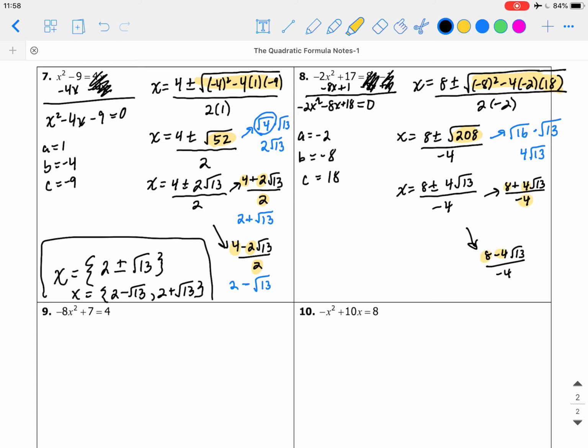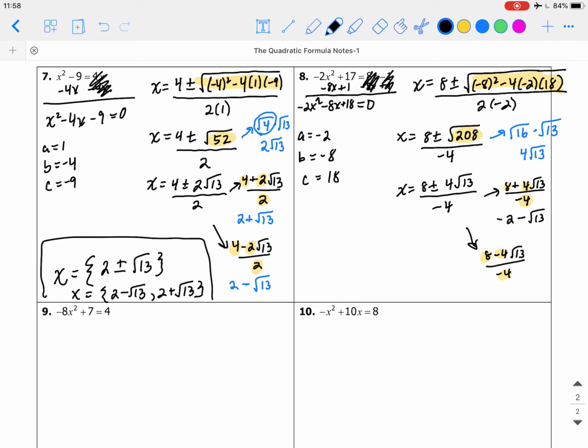And the same thing down here. Just be careful with your signs, okay, ladies, because I can already see that being a problem. So 8 divided by negative 4 will give me a negative 2. And a positive 4 divided by negative 4 will give me a negative 1. I'm just going to not put the 1 there. You can totally put it there if you want, but I'm just going to write my square root of 13.